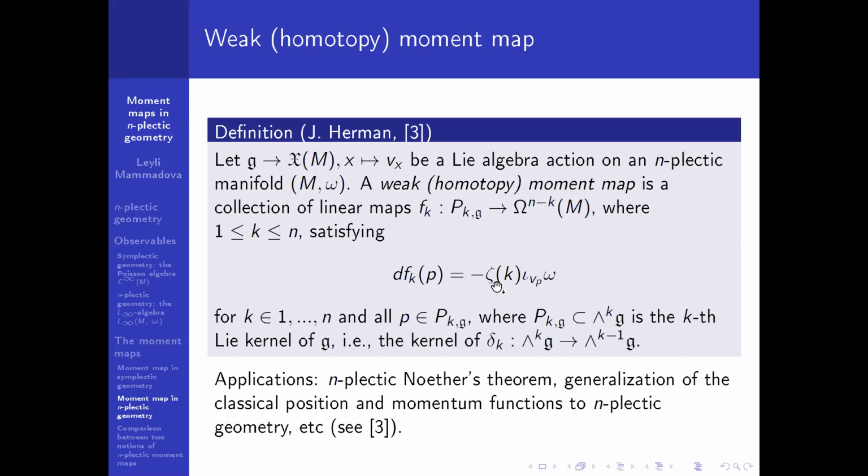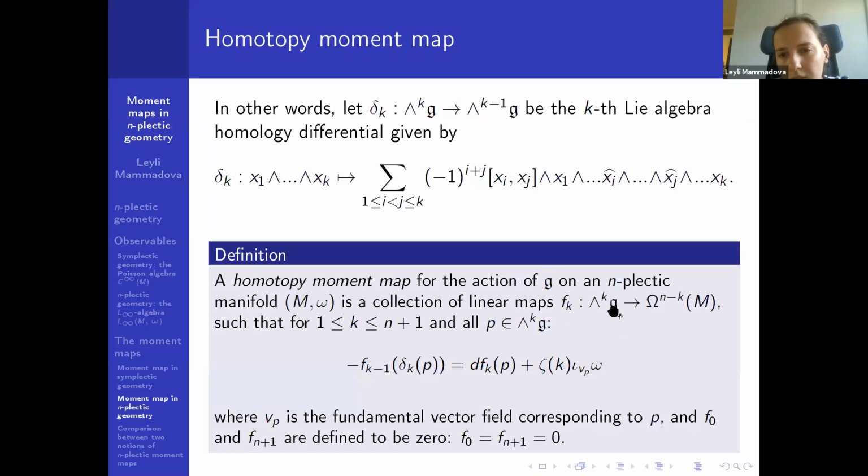Okay, so let's say the following. The weak moment map, as I said, has domains that are the restrictions of the domains of the strong homotopy moment map. And what do we see? We see here that if we plug in those kernels, so the domains of the weak moment map, this term here will disappear.